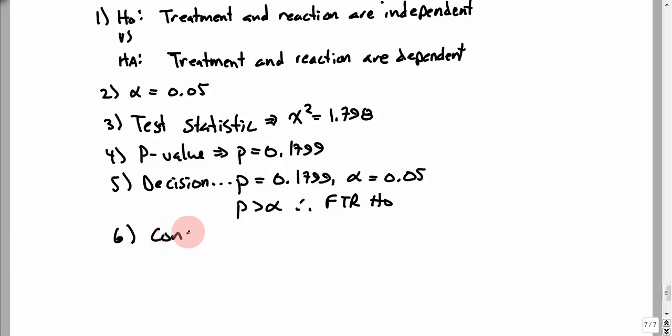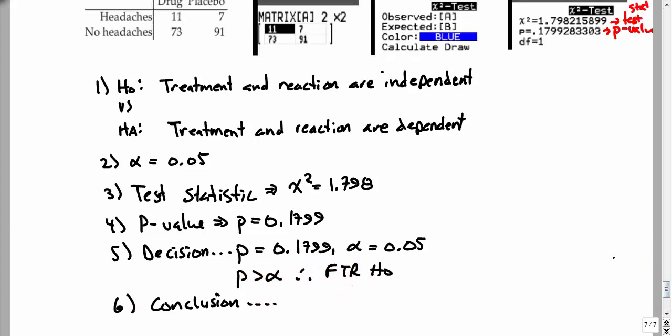Then I'll draw some sort of a conclusion, or summary, I guess is what we're used to saying. So if I fail to reject H0, that means the treatment and reaction are independent of each other.